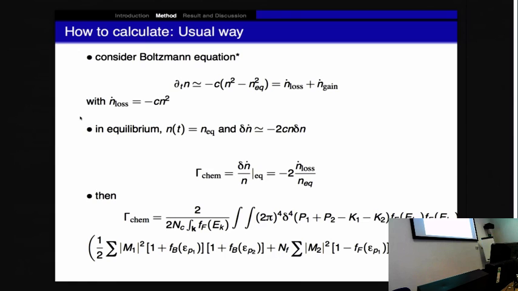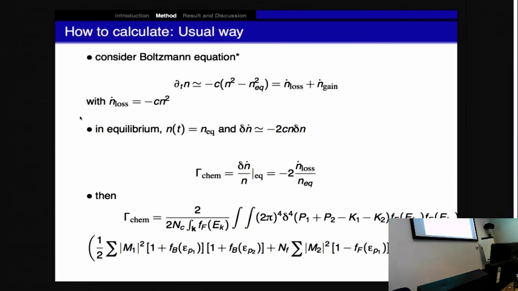If the number disappears, that will be loss, and if the number is produced, then it will be gain. And in equilibrium, it will be like that, because this is 0. Essentially, in equilibrium, the number doesn't change. There will be fluctuations, but the average number doesn't change.